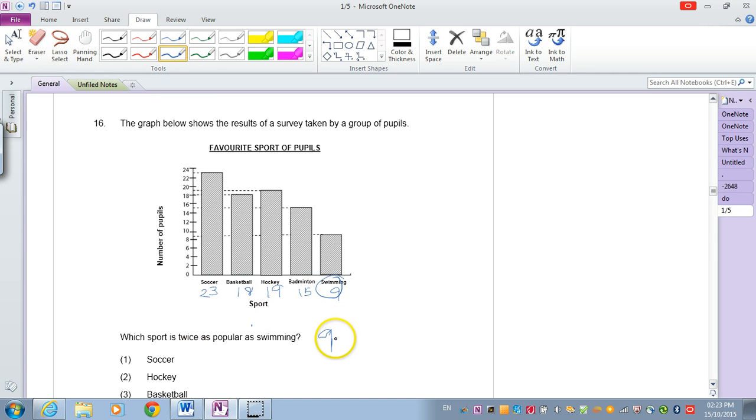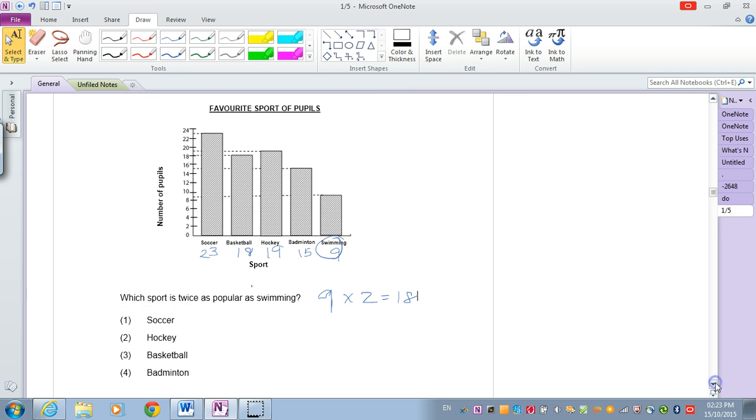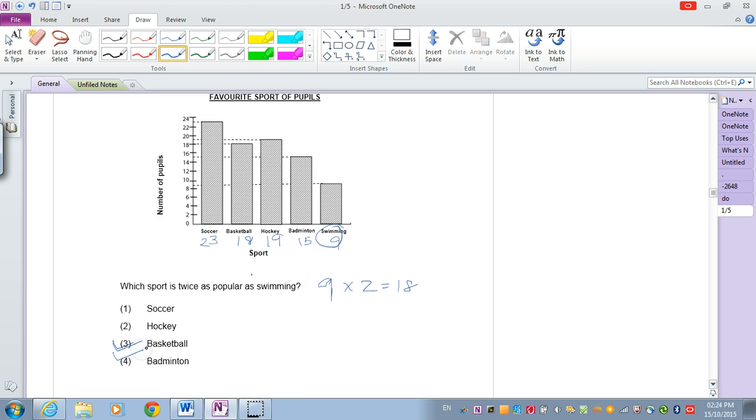So 9 times 2, and I will have 18. So which sport has 18 pupils? Basketball. So the sport that is twice as popular as swimming would be basketball. So that will be option 3. Okay, let's move on.